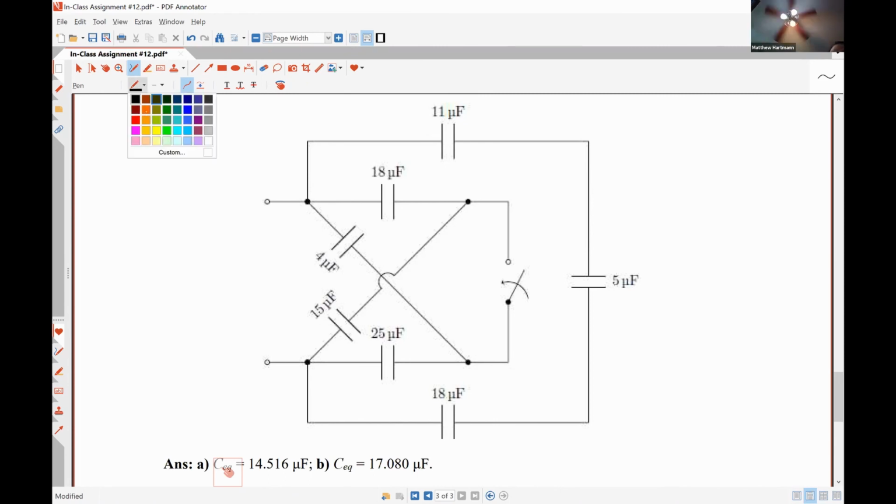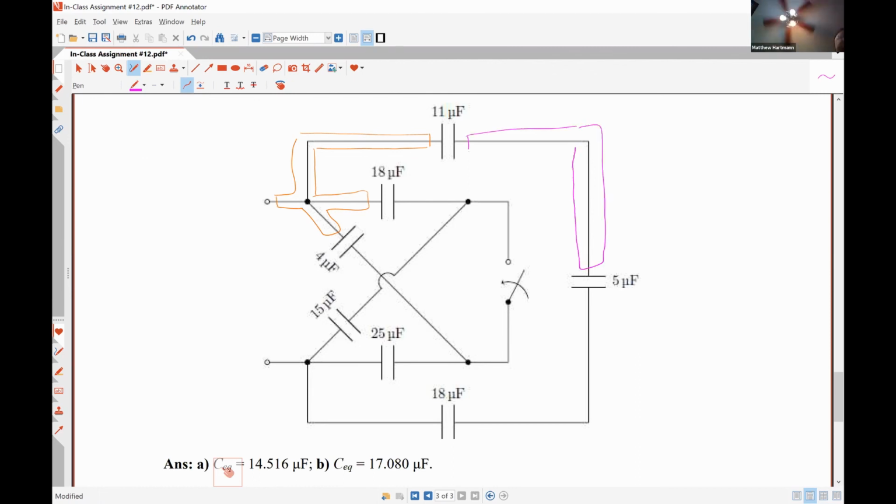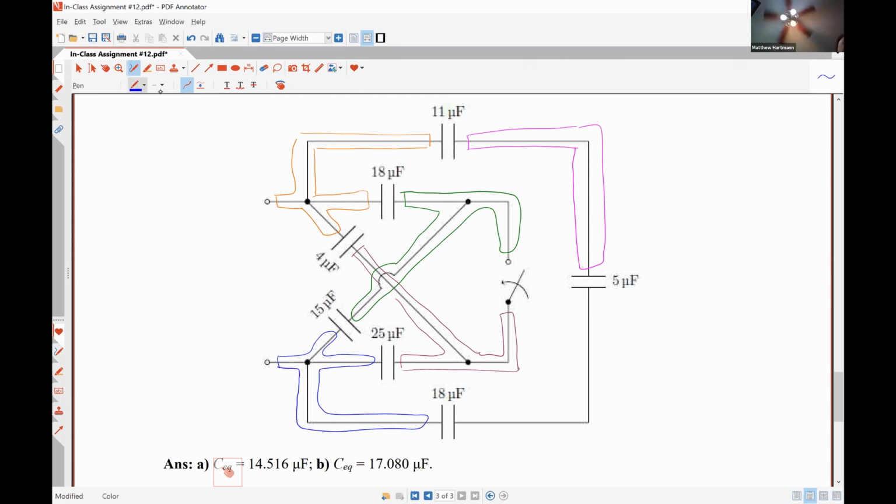So I'm going to approach the problem by identifying my nodes. And let's see.